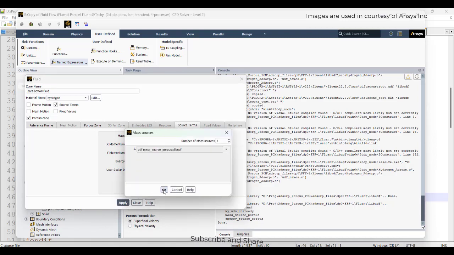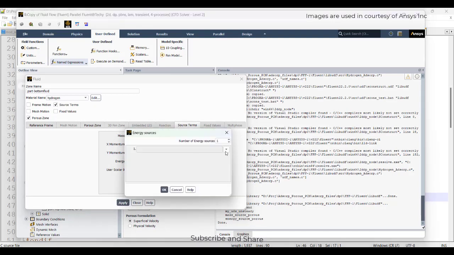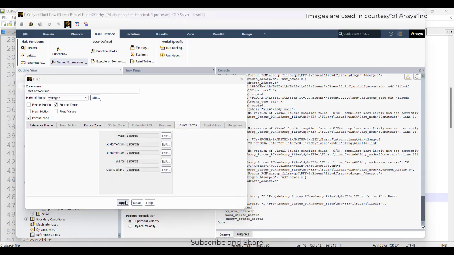So this is the mass source term, click apply, and then the energy source term, which adds the extra energy created when hydrogen is adsorbed onto the carbon. That energy will be stored inside the porous medium and transferred from the porous medium to the phase change material through steel.